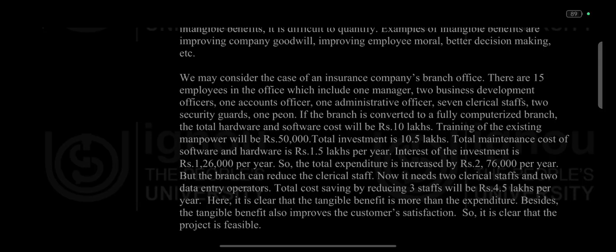Now it needs two clerical staff and two data entry operators. Total cost saving by reducing three staff will be rupees 4.5 lakhs per year. Here it is clear that the tangible benefit is more than the expenditure. Besides, the intangible benefit also improves the customer satisfaction, so it is clear that the project is feasible.